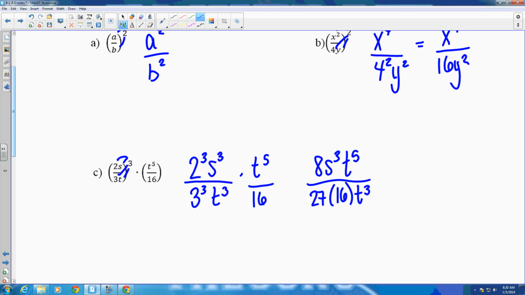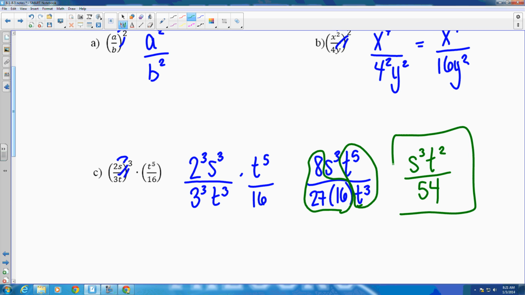So we can simplify the constants and the t's. If we simplify 8 over 27 times 16, the 8 cancels with the 16 to make it a 2, and the t's can also simplify. So on top we have s to the 3rd, t to the 2nd over 54. All the t's on the bottom go away.